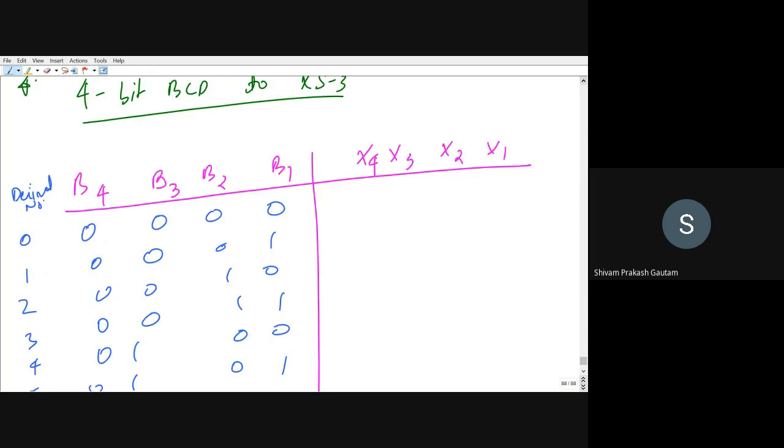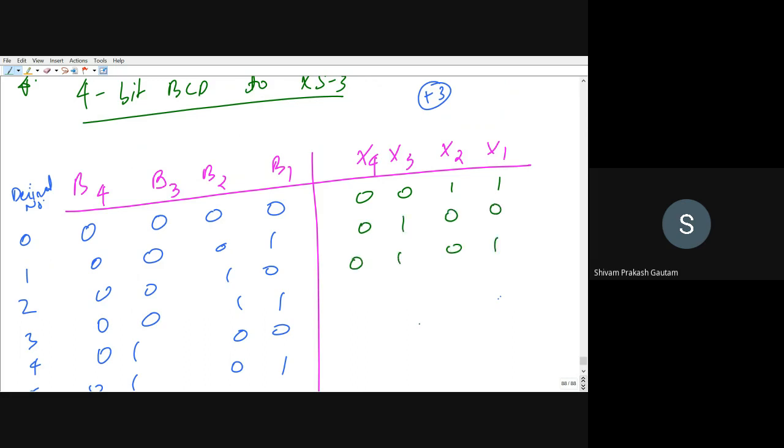Now for XS3, what you have to do is add 3. If you remember, to whatever the binary number is, you have to add 3 to get the XS3 code. So we will do that. If you add 3 to 0000, it will become 0011. If you add 3 to 1, it will be 4, so 0100.